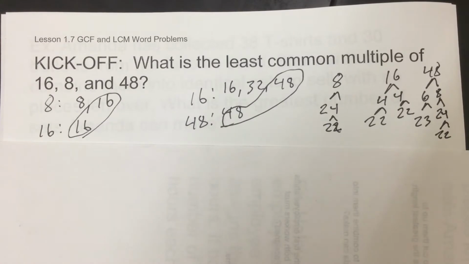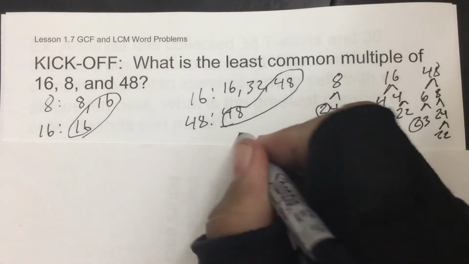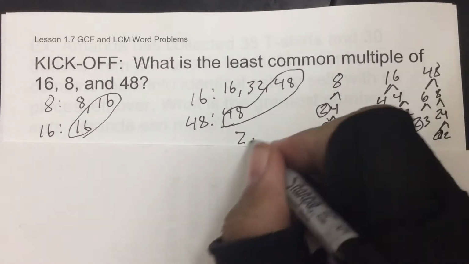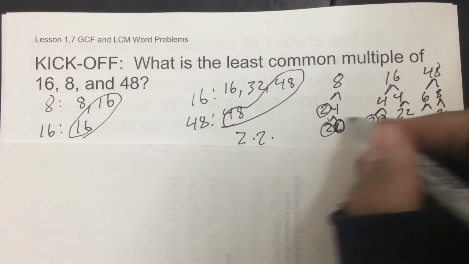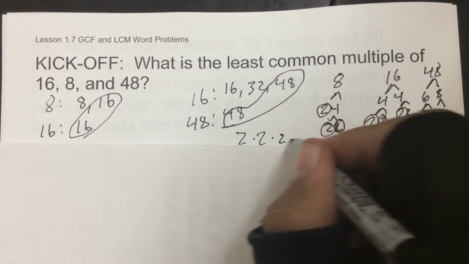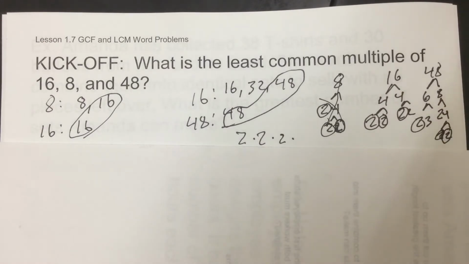So when it comes to prime factorization, you're going to start by what do they all have in common? Well, we have one set of 2's. We have a second set of 2's. We have a third set of 2's. So this one's completely done. So we're not going to worry about that one anymore.